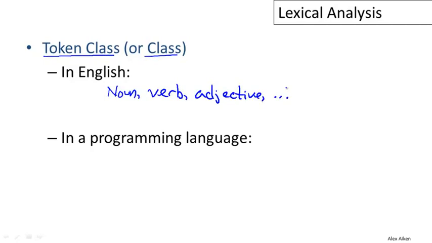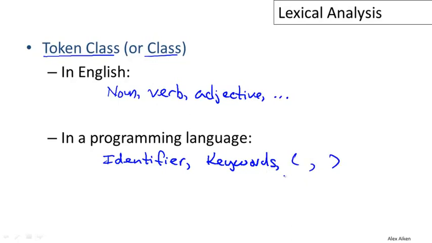And there are many more, or at least there are some more. And in a programming language, the token classes would be things like identifiers, keywords, and then individual pieces of syntax like an open paren or a closed paren. Those would be classes by themselves.